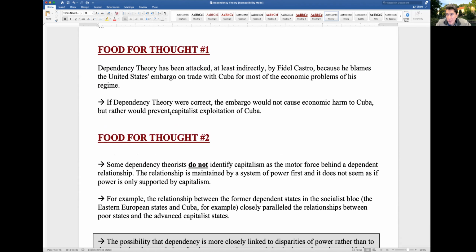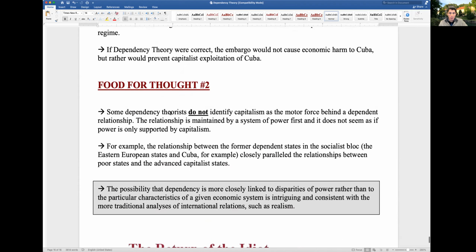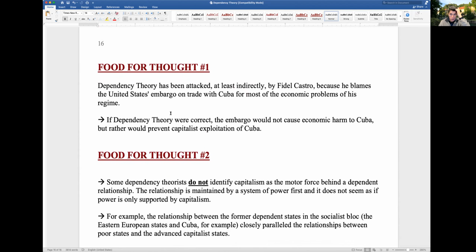Now, a couple of food for thoughts, since I'm running out of time already. This is my last chart. So food for thought number one, right here. Dependency theory was attacked, at least indirectly, if you think about this, by Fidel Castro when he was alive. Remember, Fidel Castro was in power as president of Cuba for decades, and you probably are familiar with the trade embargo, which basically meant that the US wouldn't allow American companies or international companies with ties to the US to conduct transactions with Cuba.